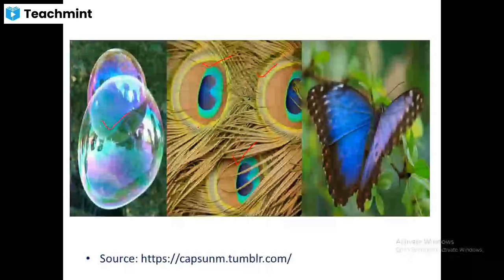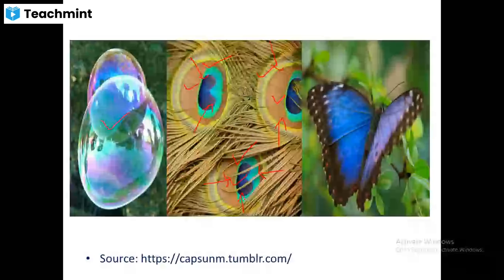If you observe these beautiful colors in this peacock feather, and observe it from this angle and from this angle, you'll be able to see different combinations of light. As you change the angle, you can see different color combinations on this peacock feather. This is again due to interference.